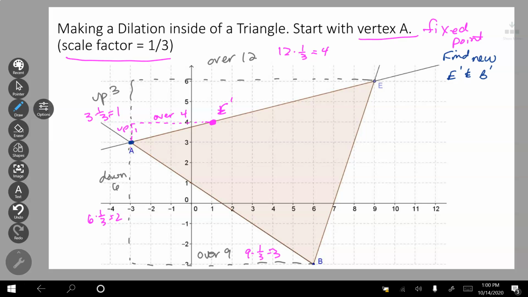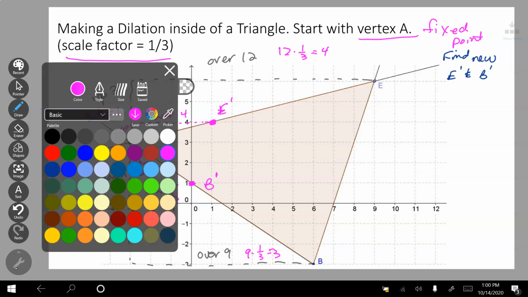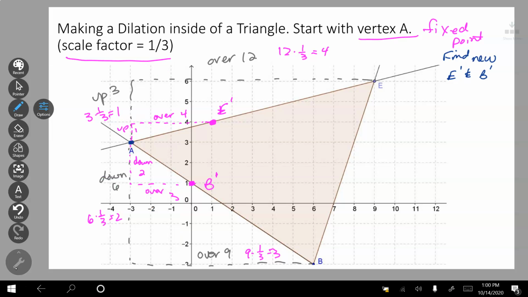That means I have to go down 2 and over 3. And this point here is my new B prime. I'm going to pick this dark blue, and now I have a new triangle.